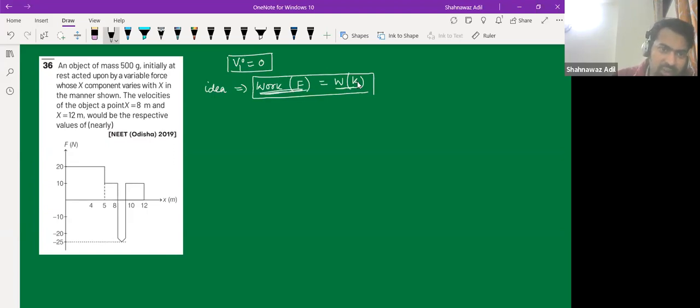This is the idea of this question. Now, you guys tell me, the velocity of the object at x equals 8. So this is at this point, right? At this point, they want us to calculate the velocity. So what we can do is calculate this area up to here, and what will it give us?